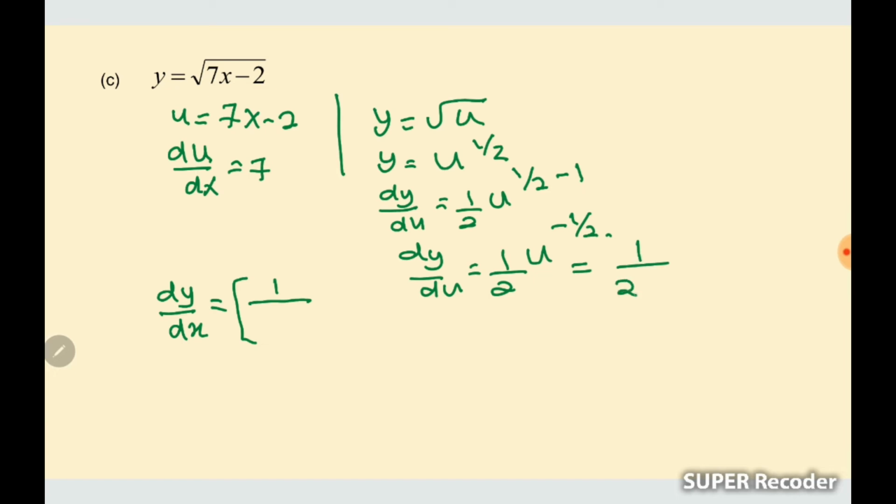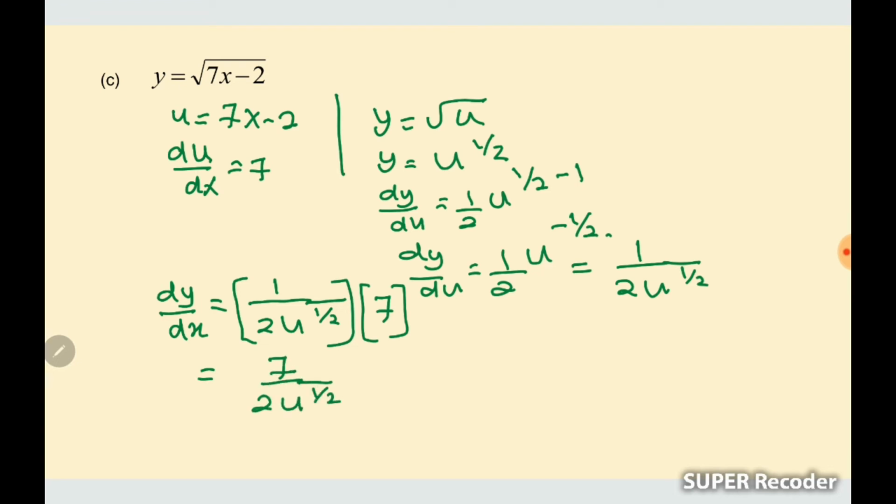Simplify to get 1 over 2 u to the power of half, multiplied by du/dx, which is 7. So this is the answer: 7 over 2 u to the power of half. But don't forget to substitute u.